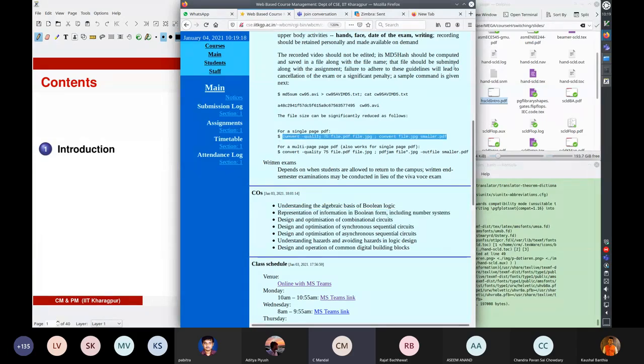So we expect that you will compress your file before uploading it. That is important, because it is not just a problem of storage, a large file doesn't come across very well over the network. So you might have problems submitting if your file is large. So you should definitely try to compress the file before you submit.